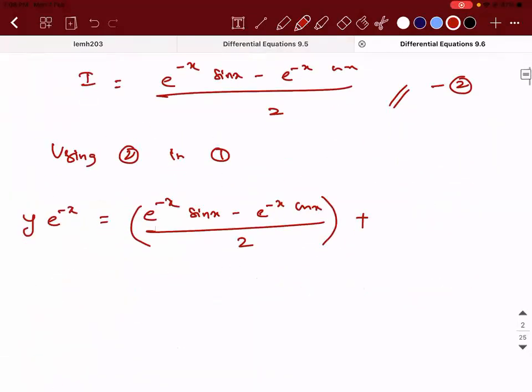That's it. Then y will be equal to sin x minus cos x, the whole divided by 2 plus c into e power x.